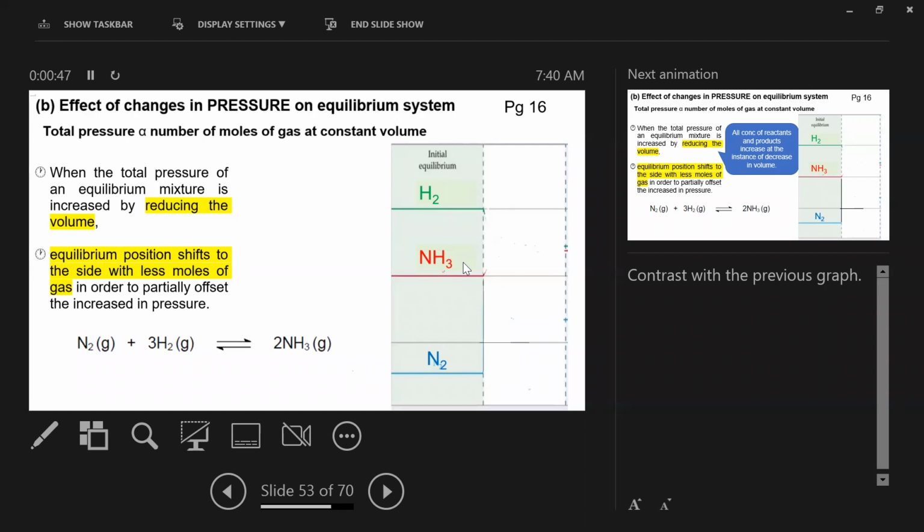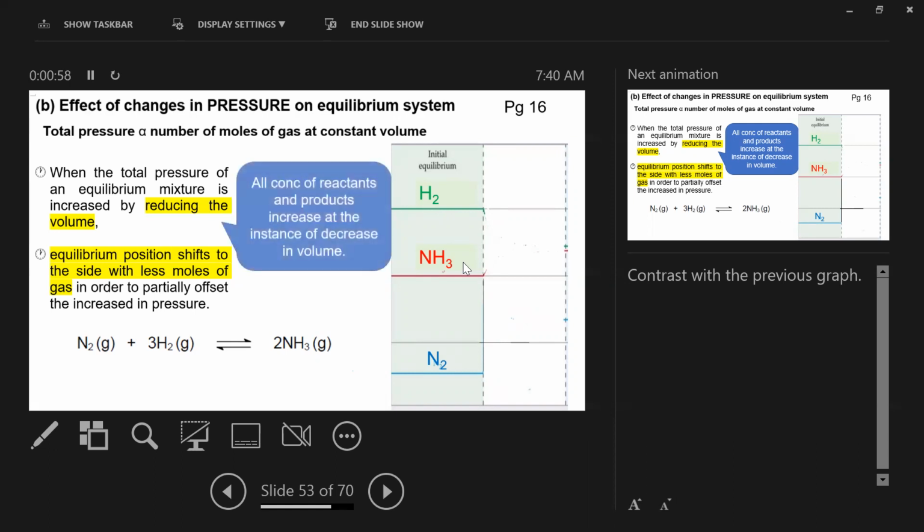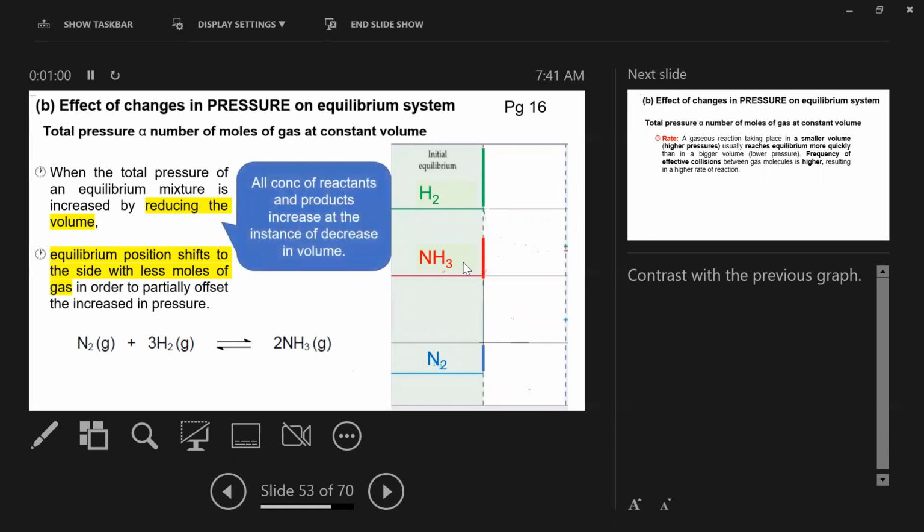Okay, so when I reduce the volume in this Haber process, I will see the concentration of nitrogen, ammonia, and hydrogen all increase simultaneously. Okay, so that is the effect of reducing volume, all will shoot up at this instance.